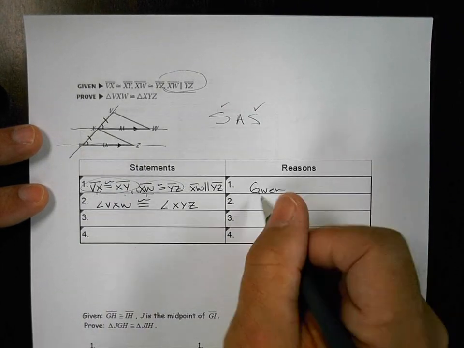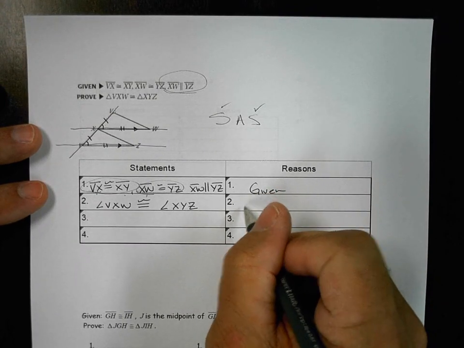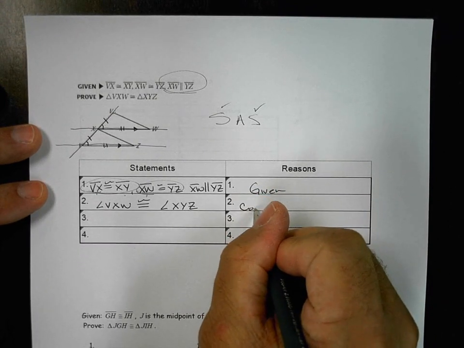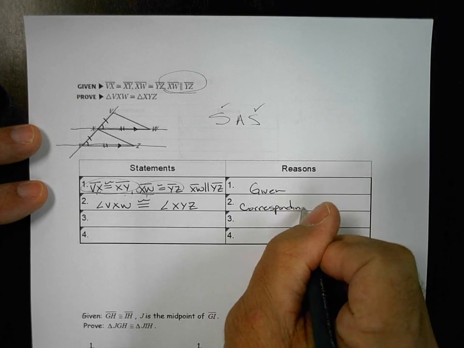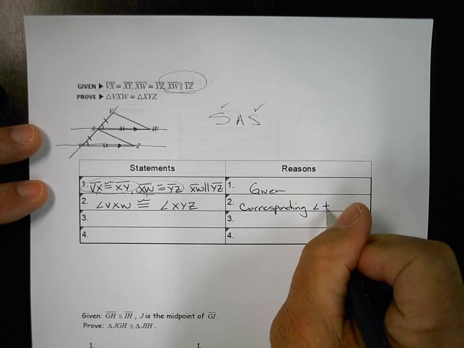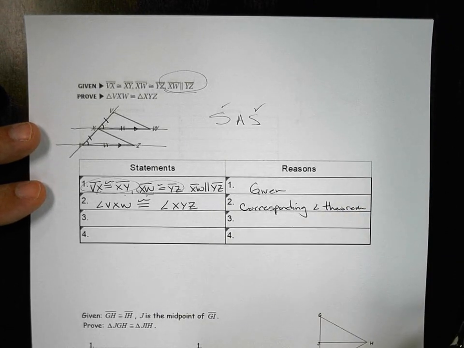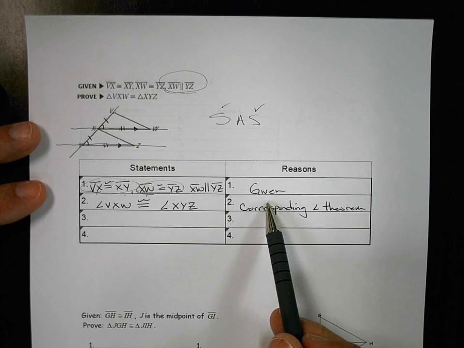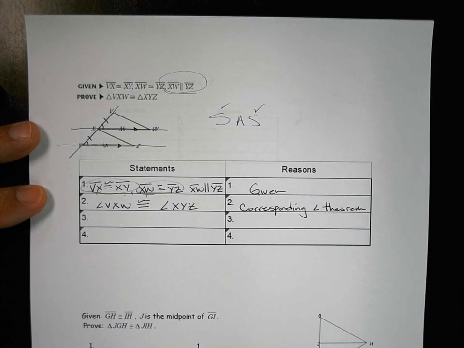And how do we know that? That is by, we're going to say corresponding angle theorem. Okay, because when two lines are parallel and cut by a transversal, corresponding angles are congruent.